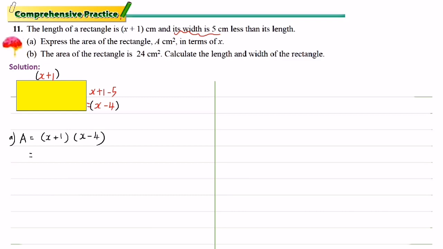Now you need to expand the bracket. s times s equals s squared. s times negative 4 equals negative 4s. 1 times s equals s, and 1 times negative 4 equals negative 4.